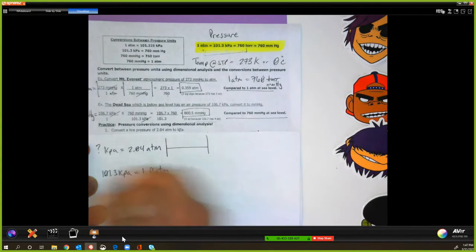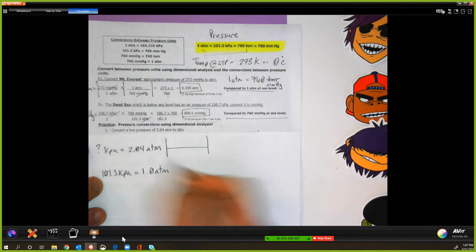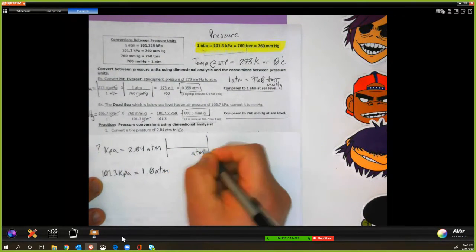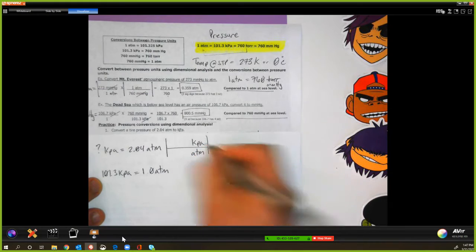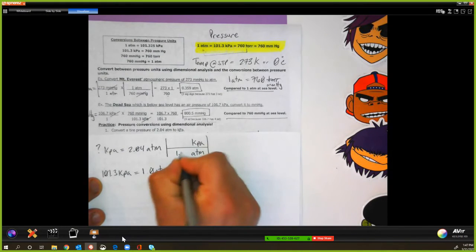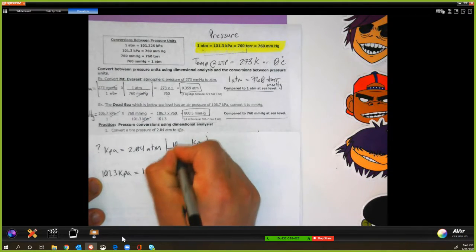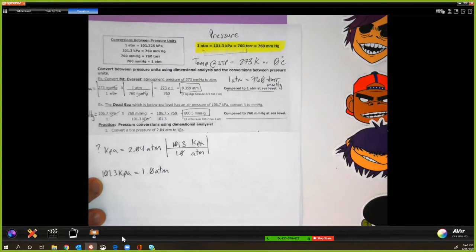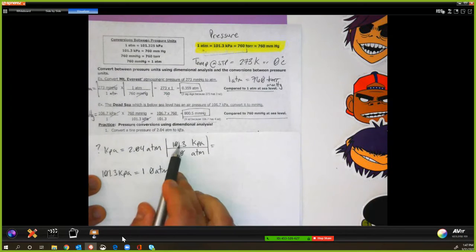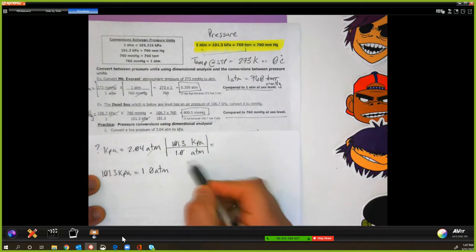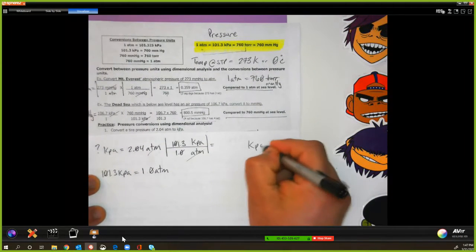So if I got ATMs up here, then that means I need to put ATM on the bottom, and I need to put kilopascals up top. And this should be 1.0, and this should be 101.3. So when I set that up, I just multiply this times this. ATMs go away. You're left with kilopascals.